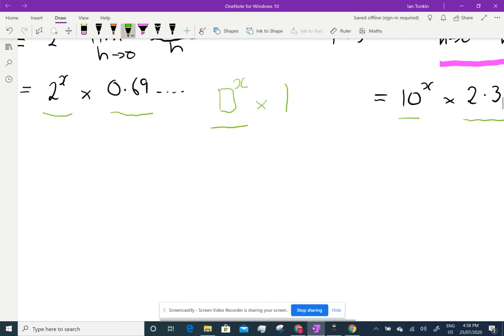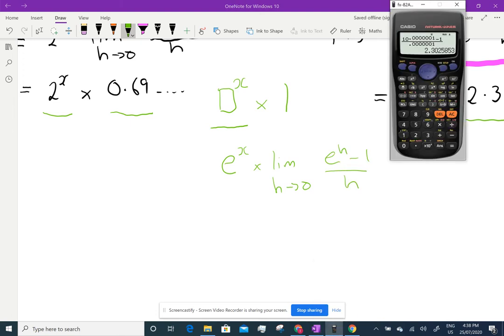So imagine e to the x times the limit as h approaches 0 of e to the h minus 1 on h. Well, let's go back to our calculator, and instead of 10, let's put e. And remember, we can get e by going alpha down there.